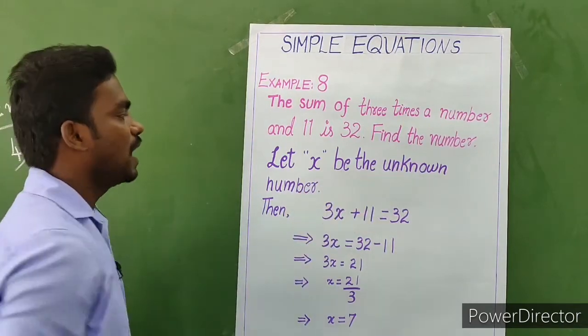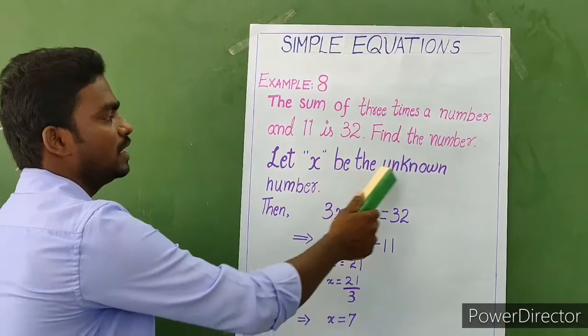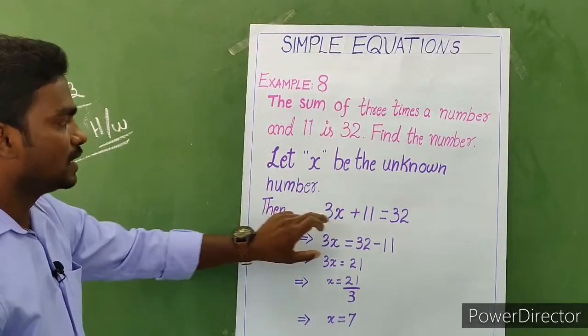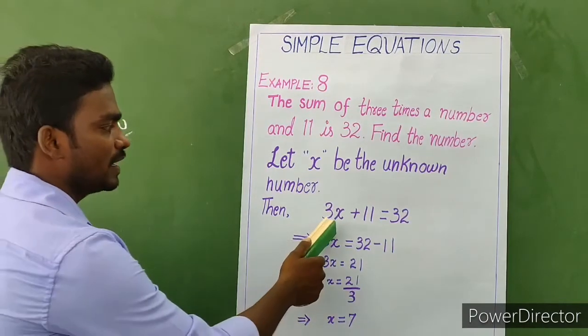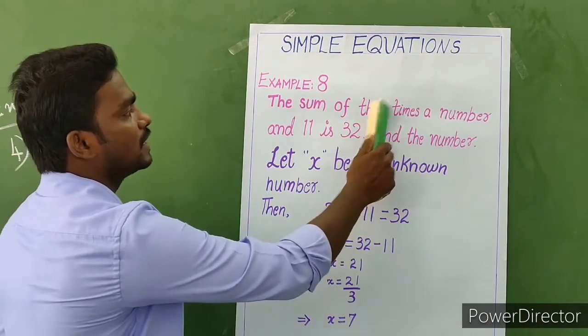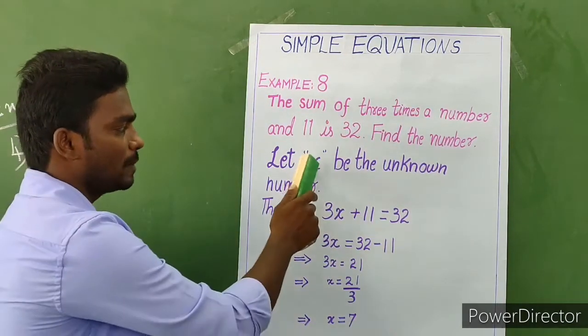Let x be the unknown number. We can choose the variable x to be the unknown number. Then 3x plus 11. Why do we write 3x plus 11? Because the sum of 3 times a number. 3 times a number means 3 multiplied by the number. The unknown number is x.